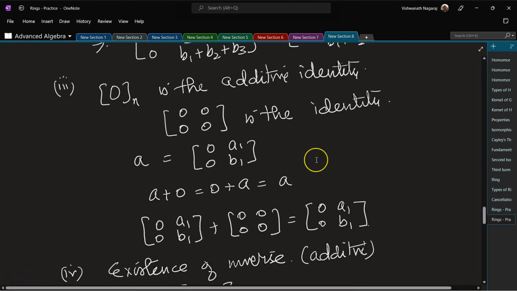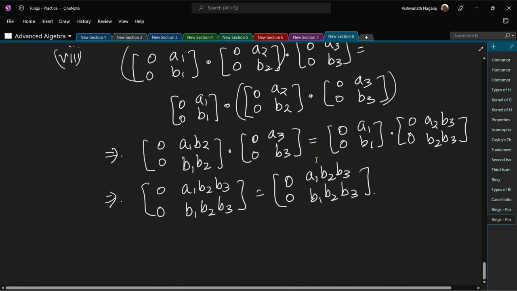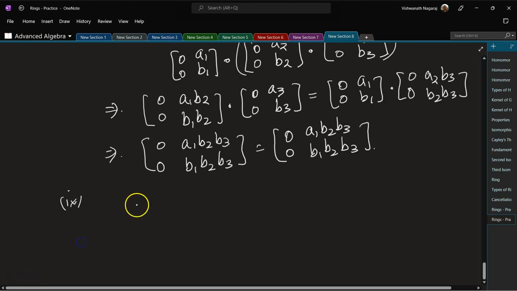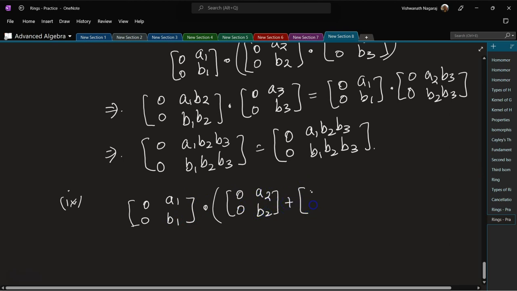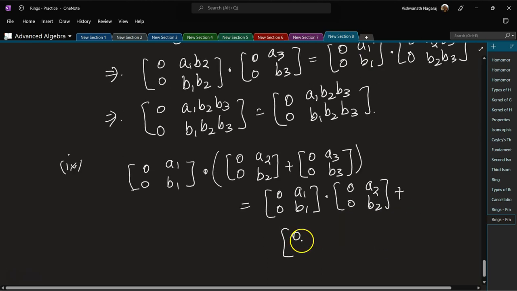Now multiplication distributes over addition. So the ninth one. Let's take [0, 0; A1, B1] times [[0, 0; A2, B2] plus [0, 0; A3, B3]] should be equal to [0, 0; A1, B1] times [0, 0; A2, B2] plus [0, 0; A1, B1] times [0, 0; A3, B3].